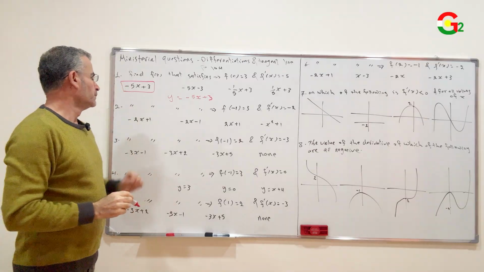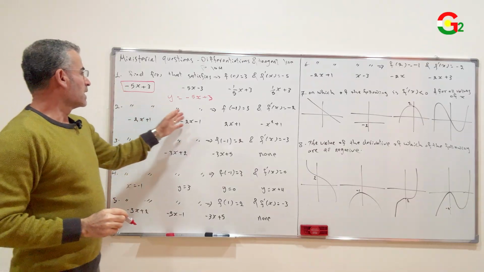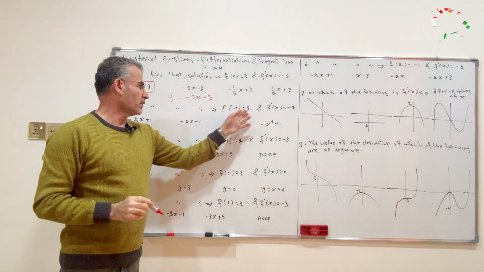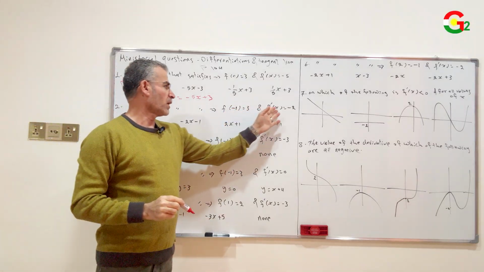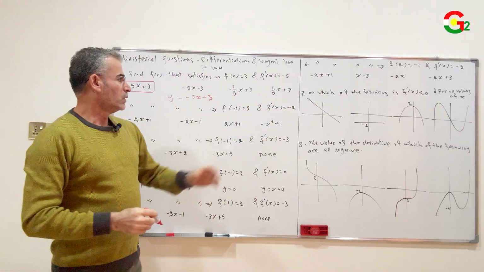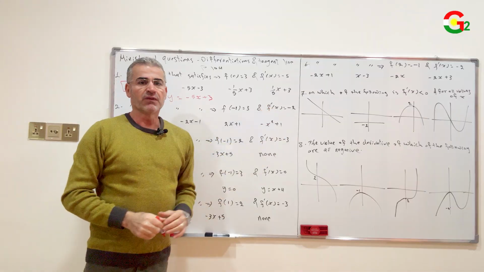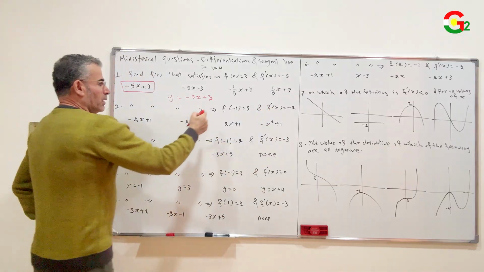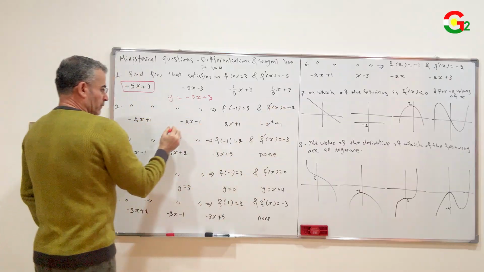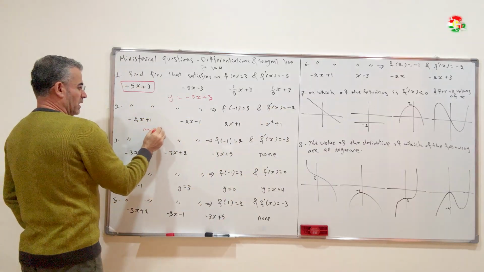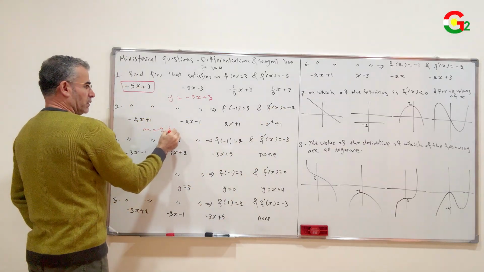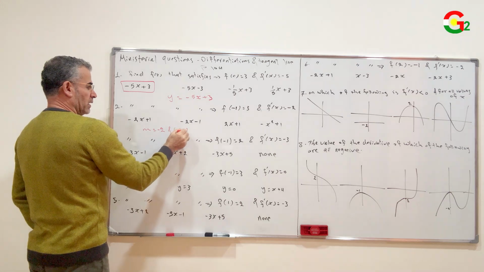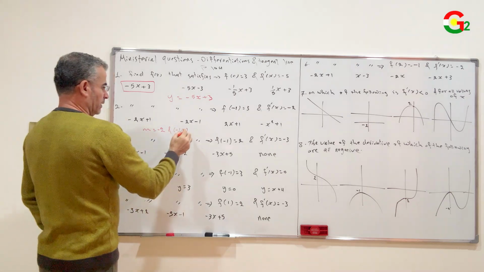Question number 2. Find f of x that satisfies f of negative 1 equal 3 and f prime of x equal negative 2. Also, the derivative of the function is constant, then the function is linear with a slope of negative 2 and the point (negative 1, 3) lies on the line.